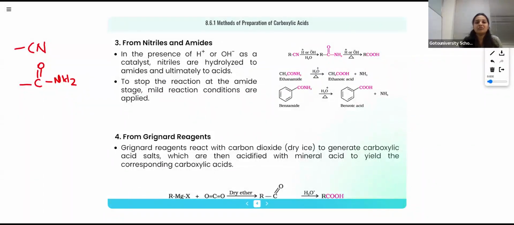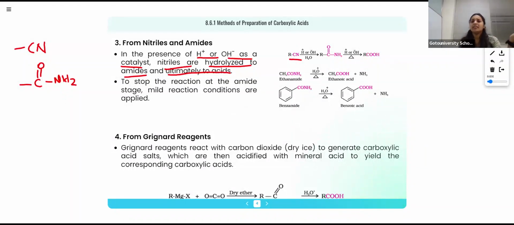See, in the presence of H+ ion or OH- ion as a catalyst, nitriles can be hydrolyzed to amides and ultimately to acid. See this reaction. Here I am taking a nitrile compound, RCN, where R may be any group. Suppose I take a methyl group, it will be CH3CN, right? The first step is treating this with H+ or OH-.